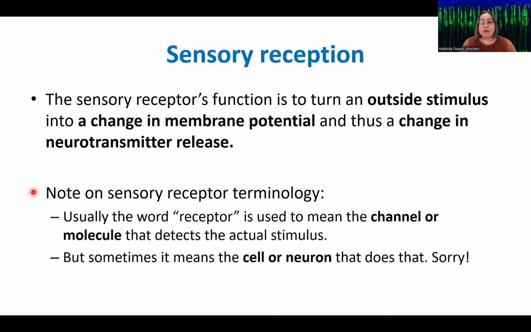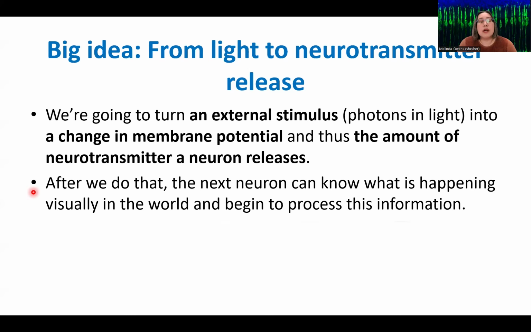Okay. So what's the big idea here when we're talking about phototransduction? Well, the big idea is we're talking about light that is coming into our eyes and turning that light signal into a change in neurotransmitter release. So we're going to turn that external stimulus, the photons in the light, into a change in membrane potential in the photoreceptor, and thus a change in the amount of neurotransmitter a neuron releases.